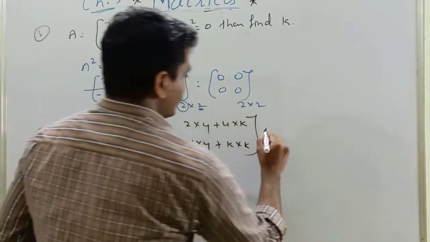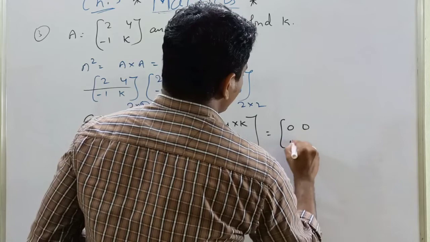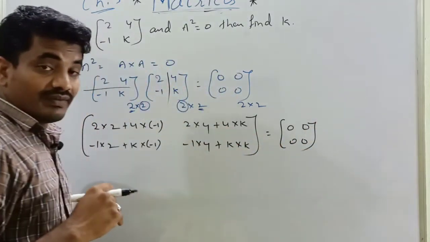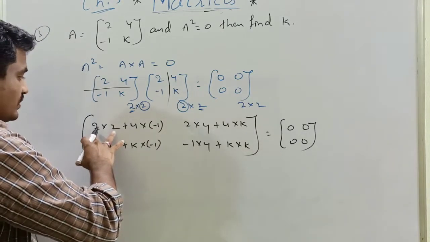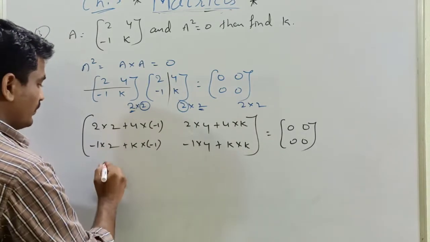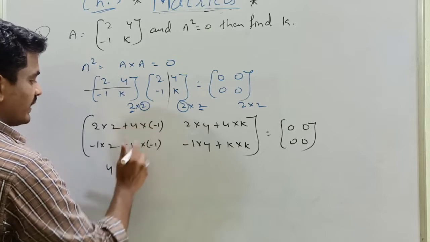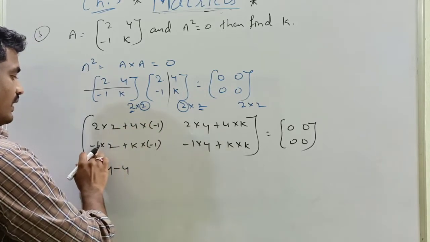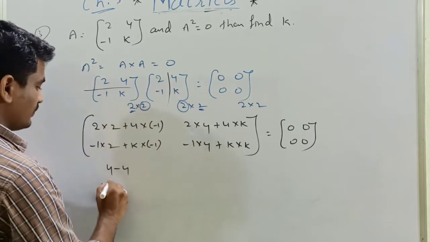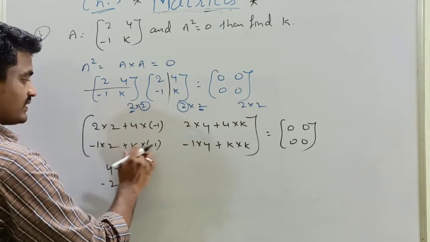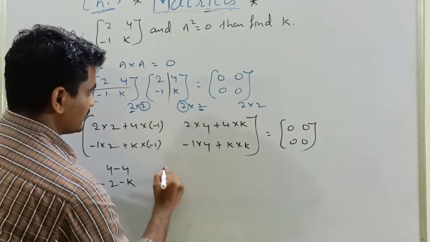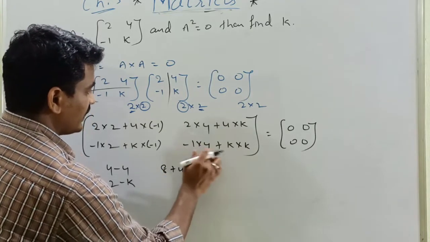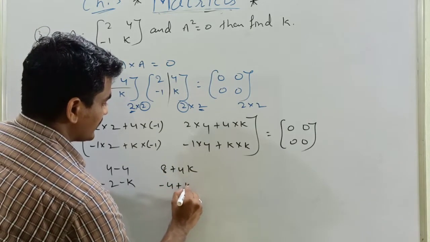Got it? And this equals [[0, 0], [0, 0]]. We need to find the value of k. Simplifying, 2 twos are 4 minus 4, then 8 plus 4k, then minus 2 minus k, and minus 4 plus k square.